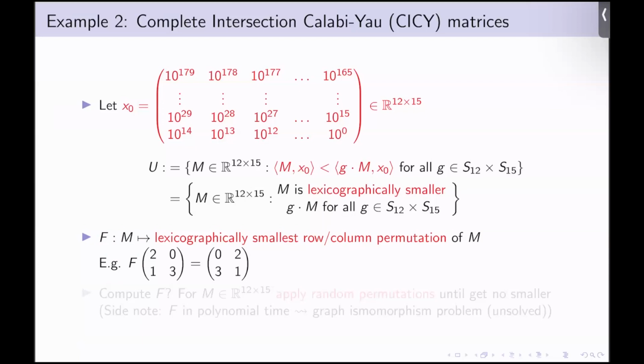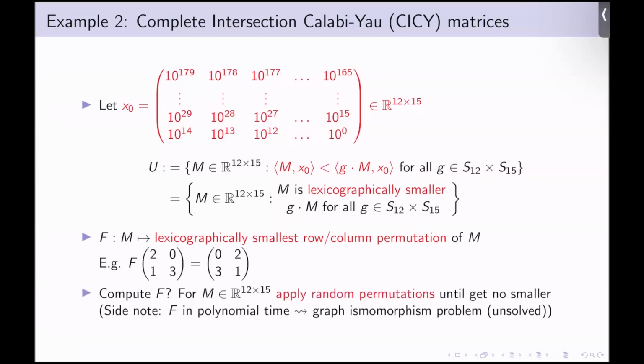Notice you can't really lexicographically order all entries of your matrix, so you can't make this into the matrix 0, 1, 2, 3. That would be the case if you had a group action of the full symmetric group S180. But you have to make this lexicographically as small as possible using only row and column permutations. And this is the best you can do, 0, 2, 3, 1.